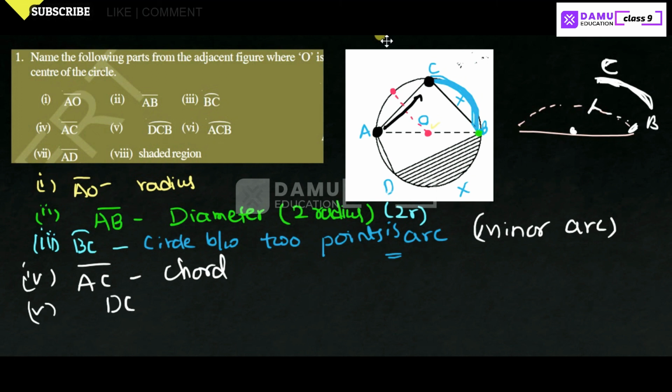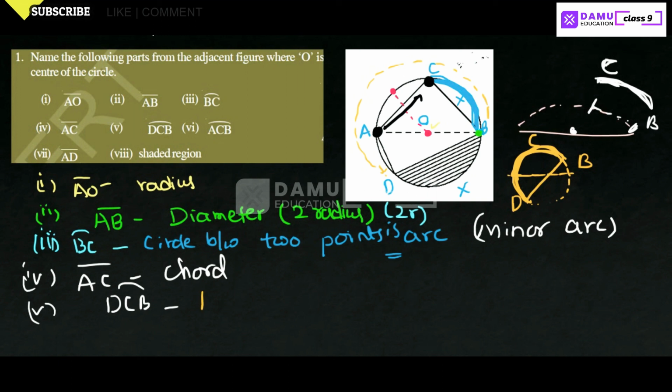Our fifth one is DCB. Here the curve symbol is there, so it is definitely an arc. DCB is a major arc. We are taking this portion completely, from B, C to D. This is more than half of the circle, more than a semicircle.